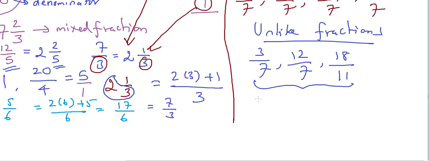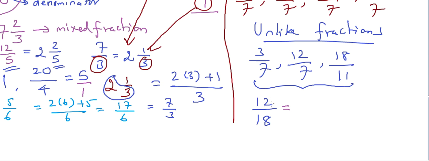And say 12 by 18. So this is also what fraction? This is a proper fraction because the denominator is bigger than the numerator. Then this can be simplified further. This can be written as, if you divide each term, or numerator and denominator, by 2, because 2 is a common factor for 12 and 18.